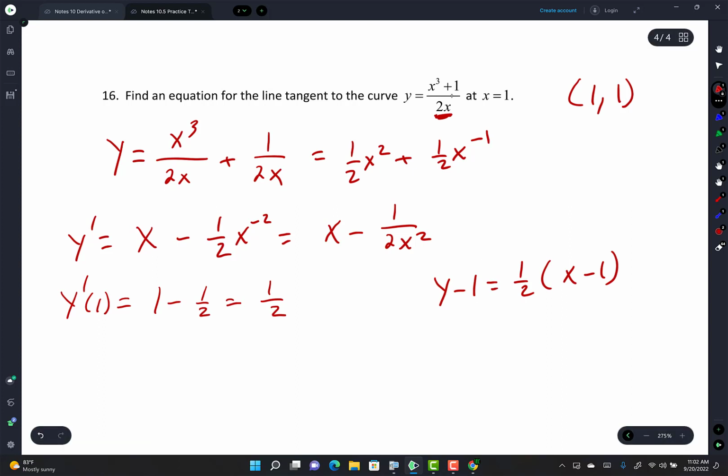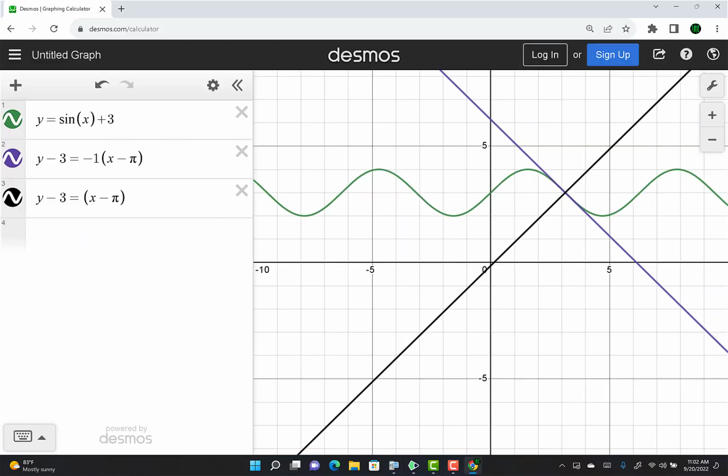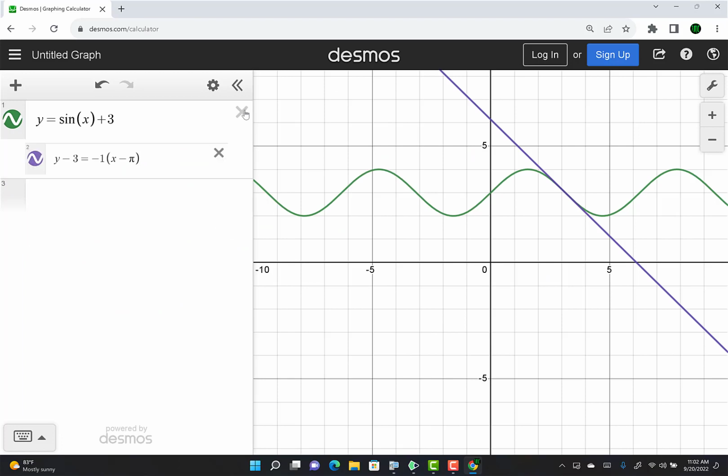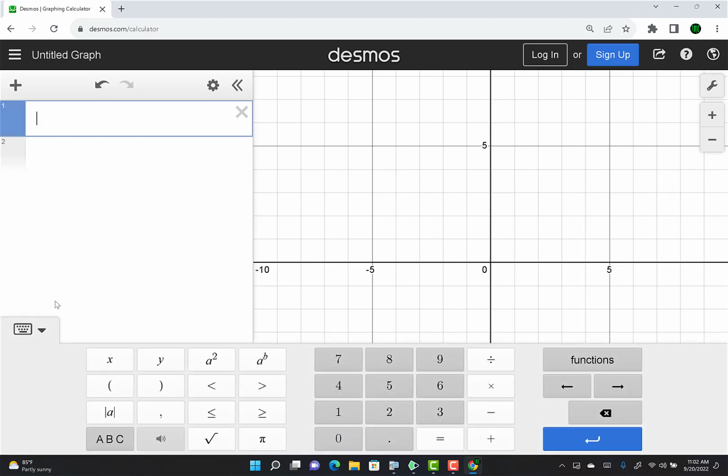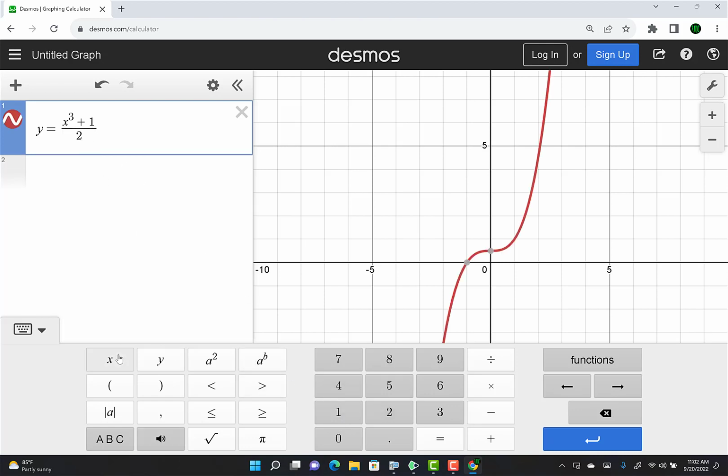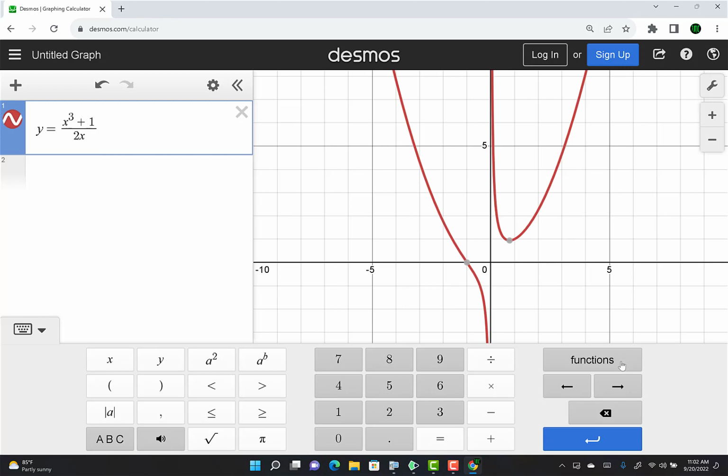Do you guys want me to do a quotient rule as well or no? What was the equation again? I already forgot it. The original, not before I broke it up. Okay. X cubed plus 1 over 2x. So there's my equation. Oh, it's a fun one. It looks cool. And at 1, 1. So let me put the point 1, 1 so I can see it.